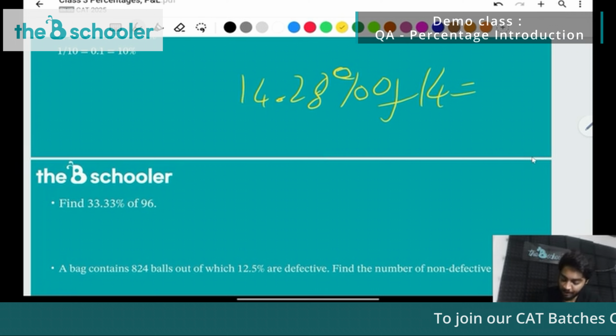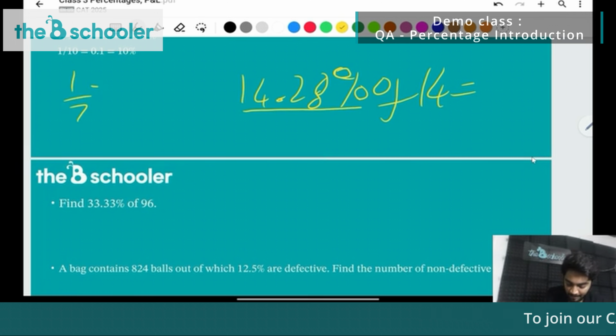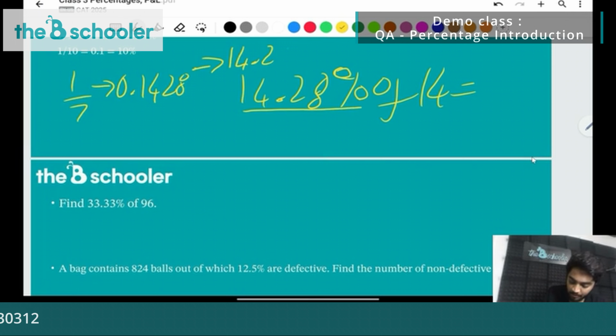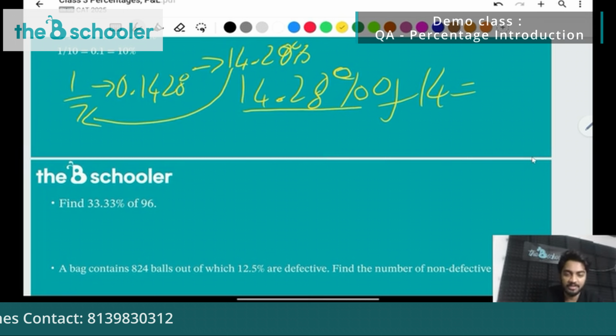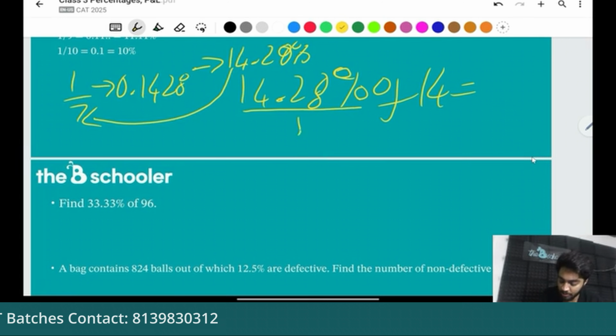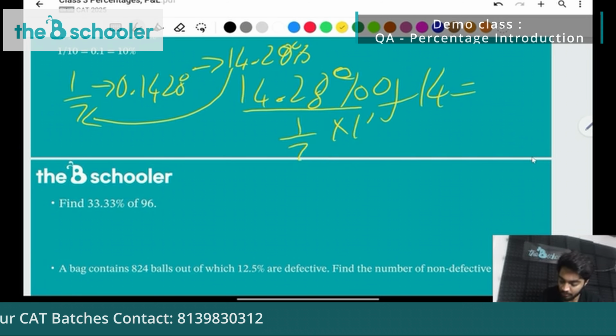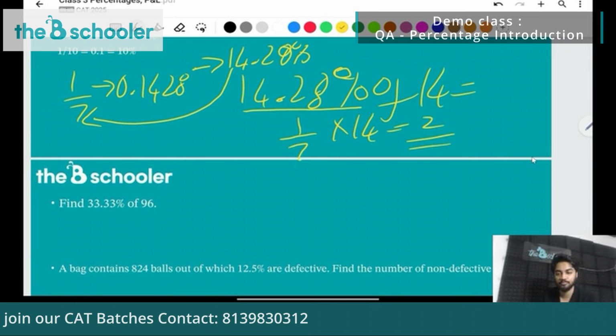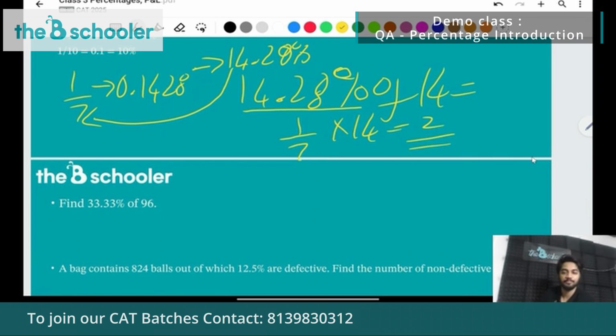Why 14.28? You should also know 1 by 7 as 0.1428, which is also 14.28 percentage. So you should also know that 14.28 percentage is 1 by 7. Whichever is easier, you should be able to use it. So here you can use it as 1 by 7 into 14. You will get it as 2 without even using calculator.